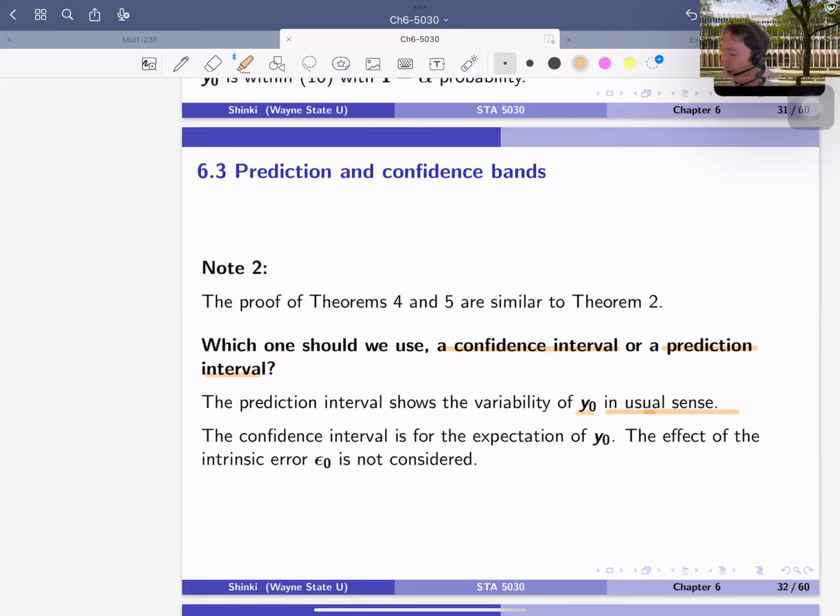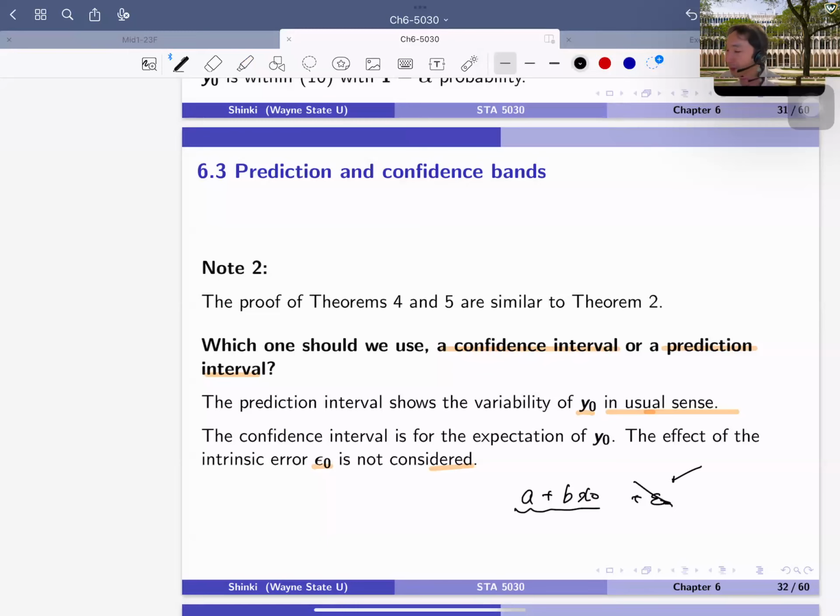When we observe x naught, to see the distribution and actual range of y naught, we have to use the prediction interval. The confidence interval is for the expectation of y naught, so the effect of the intrinsic error epsilon naught is not considered. We just focus on a plus b times x naught and ignore epsilon naught. Often in statistics, our interest is to estimate parameters, not intrinsic errors. In such a case, we use the confidence interval.